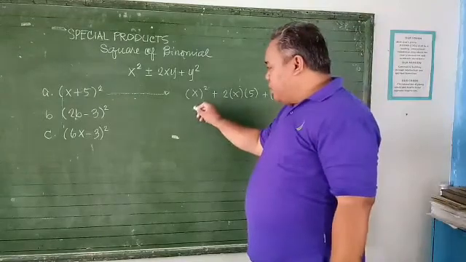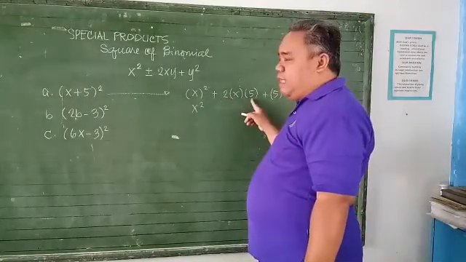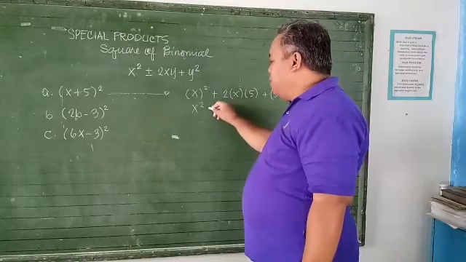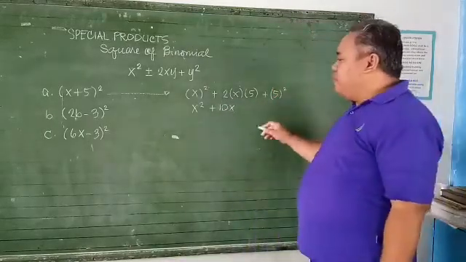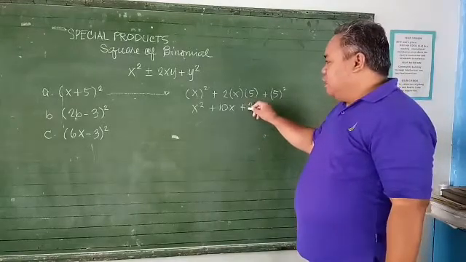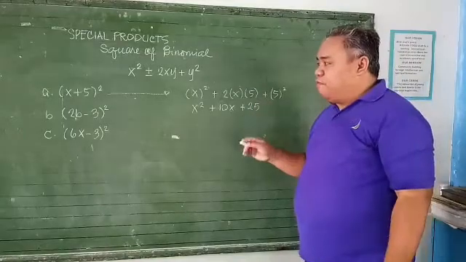So this is x squared, this is 2 times 5, that's 10, times x, that is plus 10x. Okay. And the square of 5 is 25. So that will be the answer for number 1.